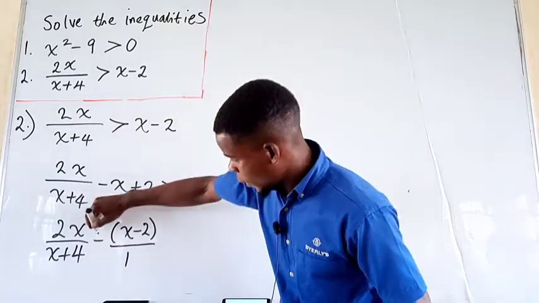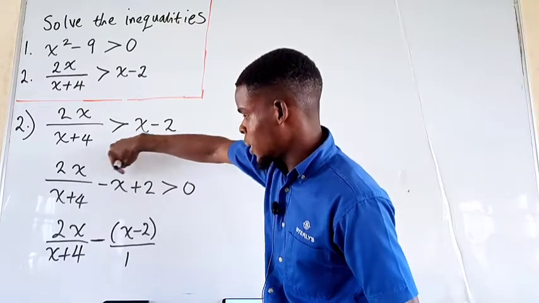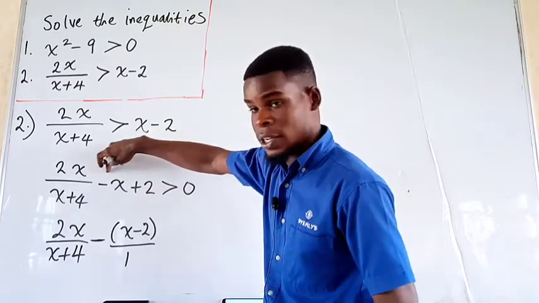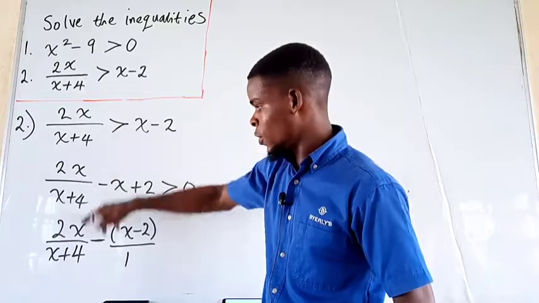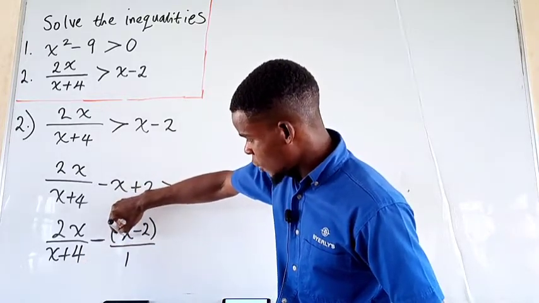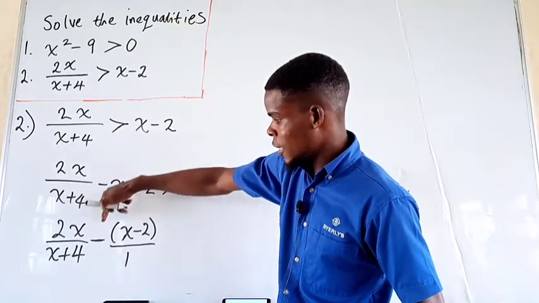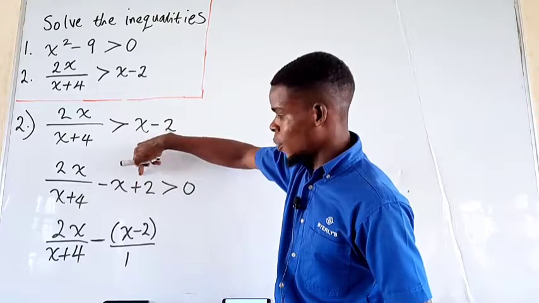I factorized it: this is negative x and this is positive 2, so I factored out the negative 1, and in the bracket I have positive x and negative 2, such that if you multiply this backwards, this will be negative x and negative times negative 2 will be positive 2, so we get it back.